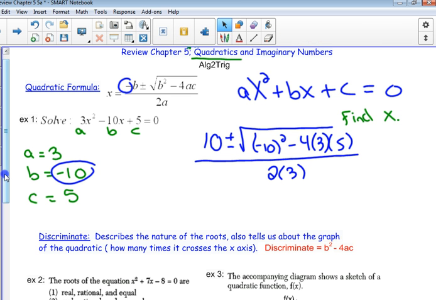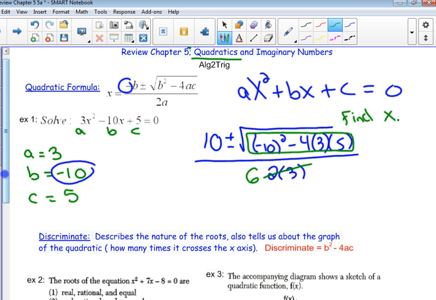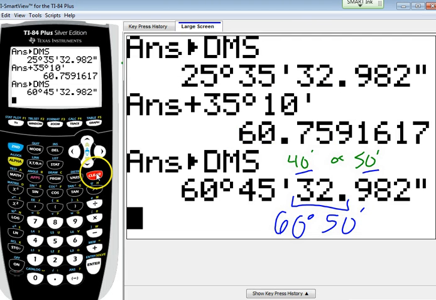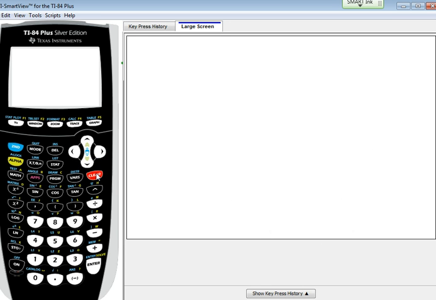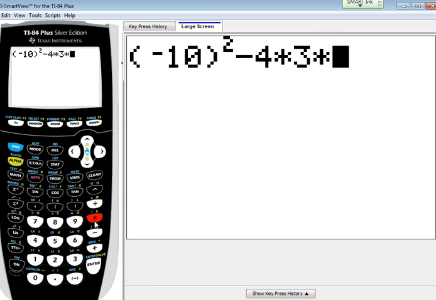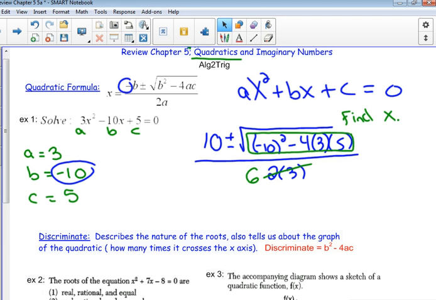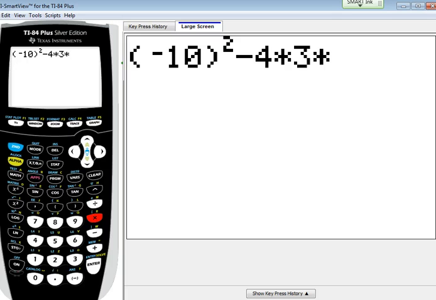Okay. So reduce what you can; this becomes a 6. Now underneath the radical, we want to do just this part in your calculator. Watch out for those parentheses. Okay, great.